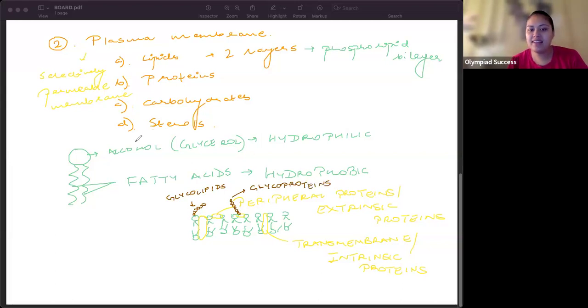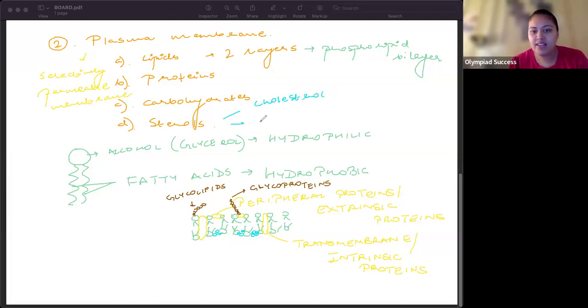Okay. Other than that, we also have sterols. Sterols are present in the membrane for strengthening the membrane. So it will provide a little bit of strength. In animals, cholesterol is present.